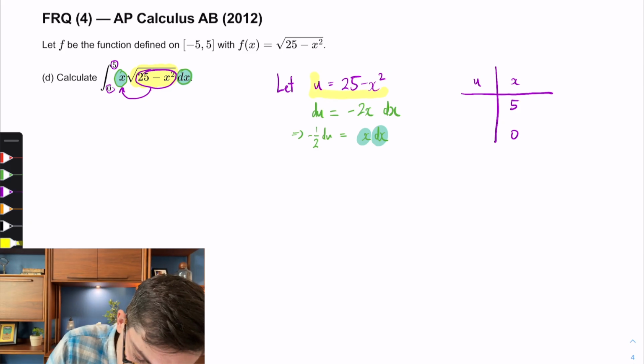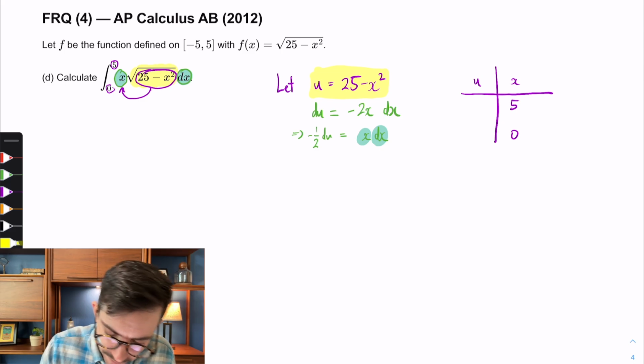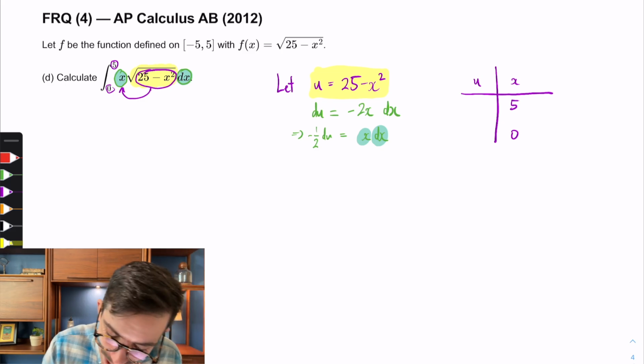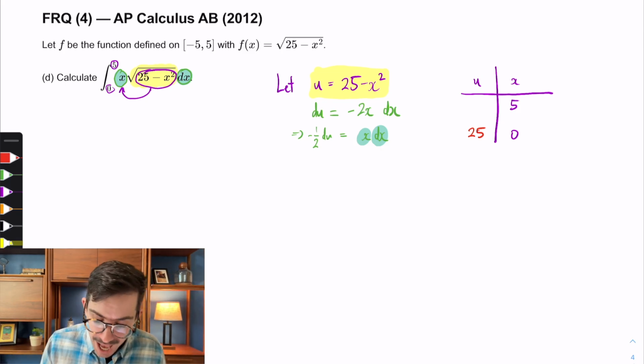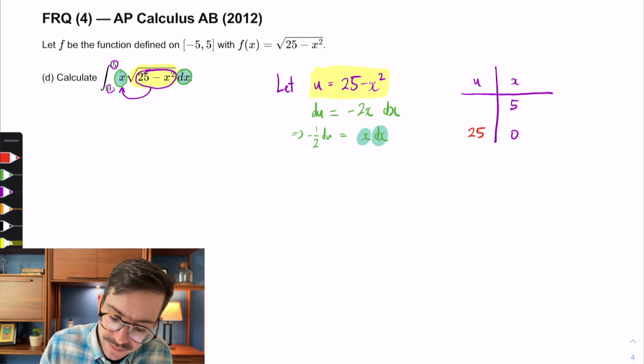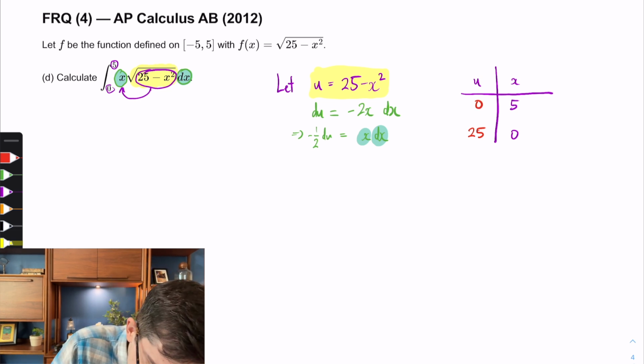Well, it's pretty straightforward if I remember the relationship between u and x. So u is 25 minus x squared. So when x is 0, u is 25. And when x is 5, I get 25 minus 5 squared. That is 0. So I can rewrite this integral in one fell swoop in terms of du.